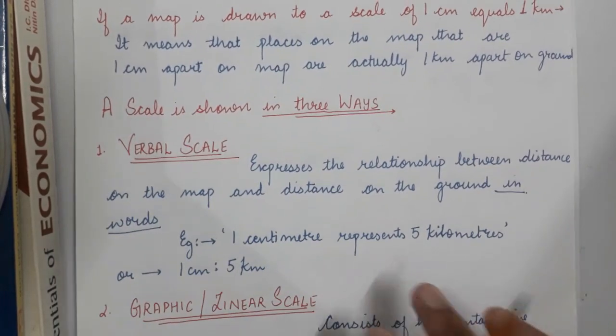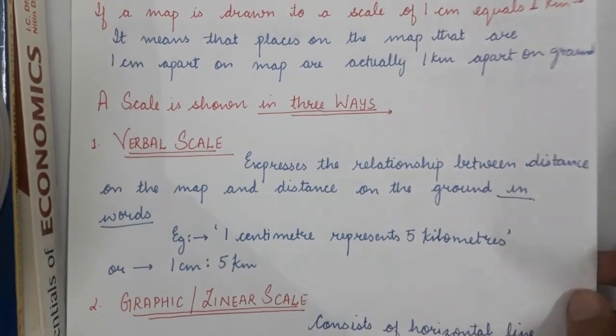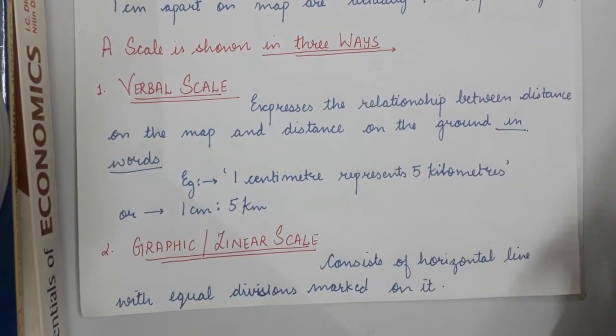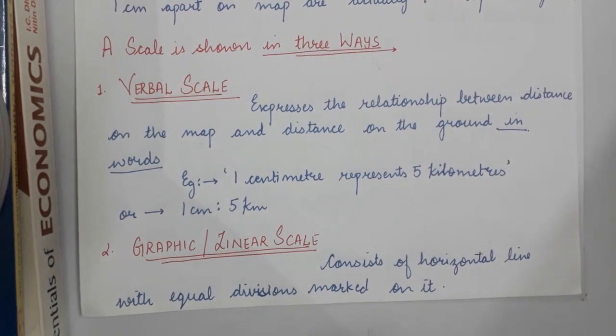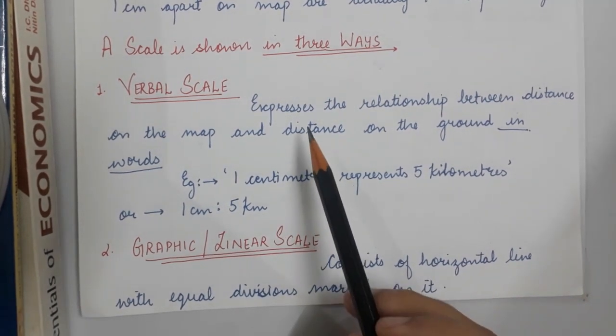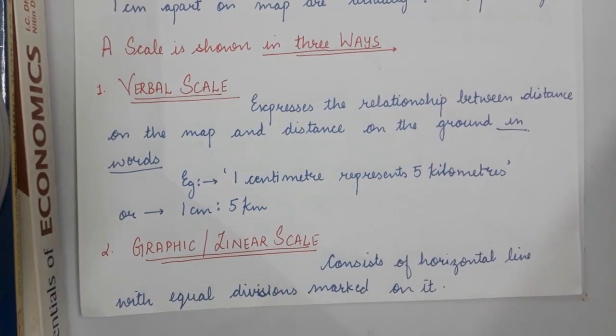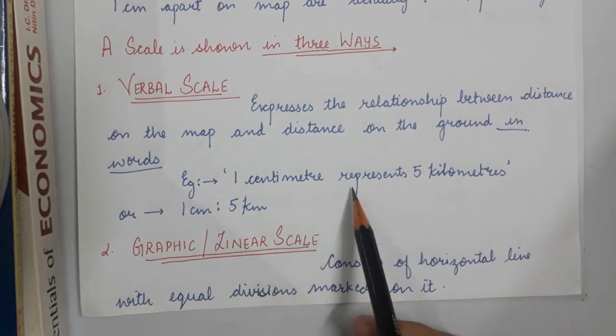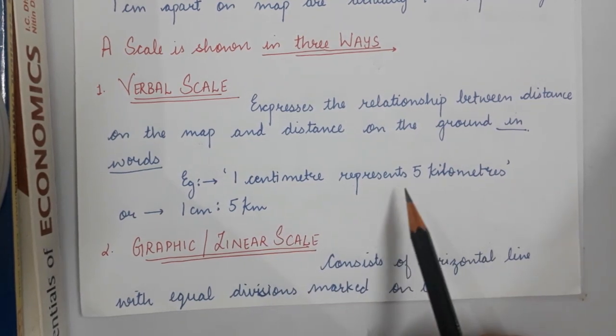There are three ways to represent the scale on maps. First of all, there is the verbal scale. The relationship between the distance on the map and the distance on the ground is expressed in a simple statement, like 1 centimeter represents 5 kilometers.